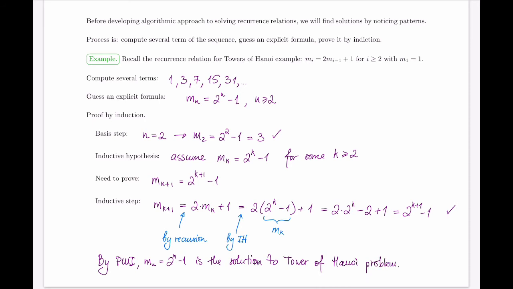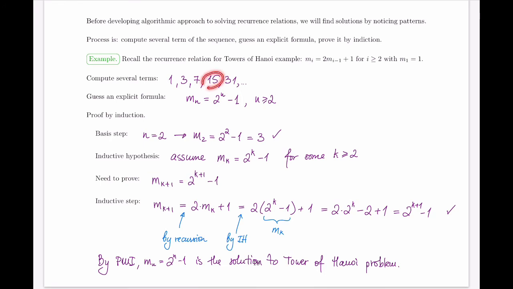So that means that now, if you tell me the number of disks you have to move from one pole to the next, all I have to do is plug that number into this formula, and I will tell you exactly how many moves you're going to need. So if n is equal to 3, like in our small example from the last page, we needed 2 to the power of 3, so 8 minus 1, 7 moves. And that is exactly what the optimal way seemed to be.